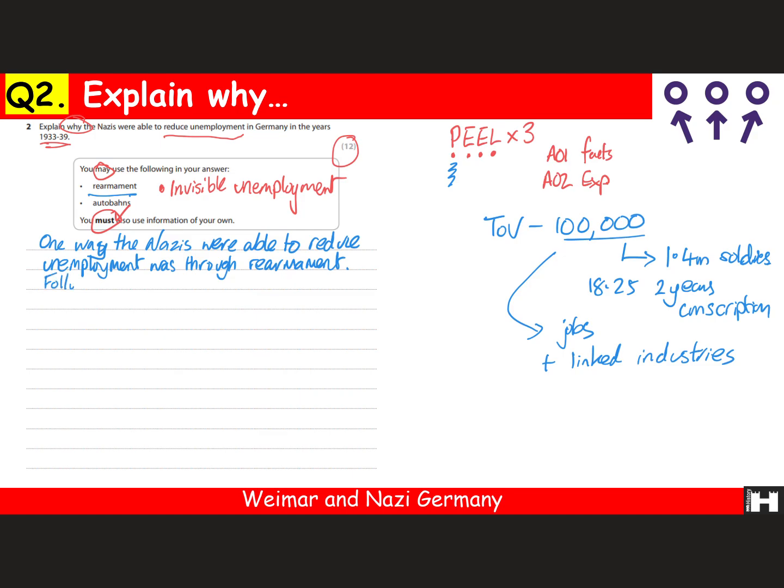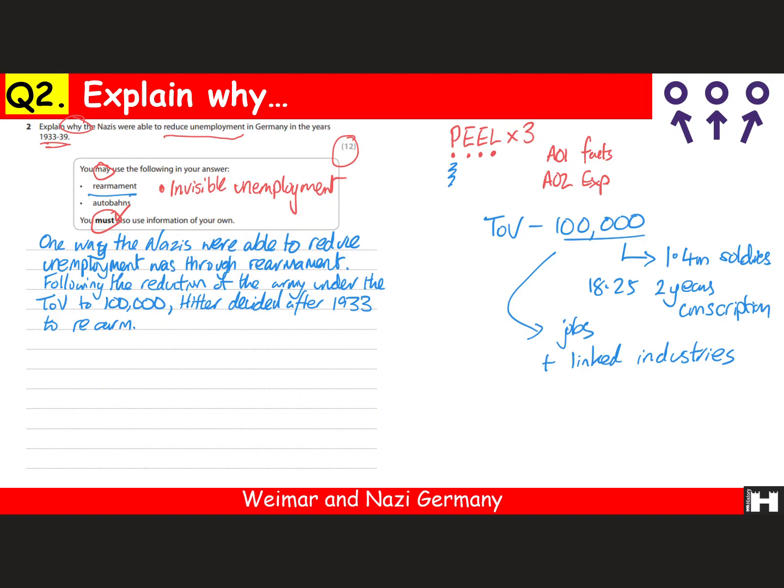Following the reduction of the army under the Treaty of Versailles to 100,000 men, Hitler decided after 1933 to rearm.